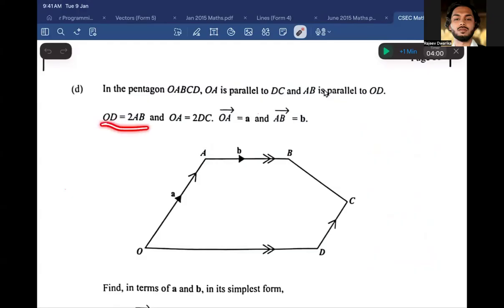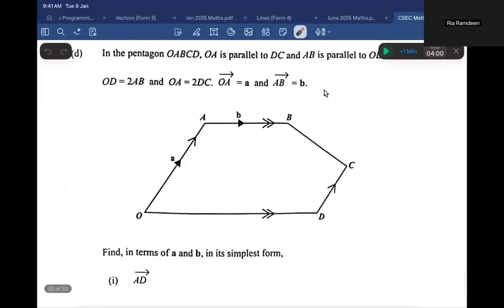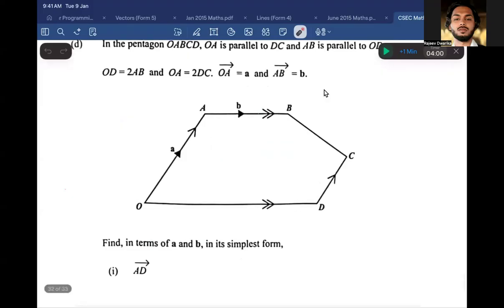All right, Ria, continue reading the second part of the question. OD is equal to 2AB and OA is equal to 2DC. Vector OA is equal to A and vector AB is equal to B. Nice, and they labeled that already: OA is A and AB is B. Ria, let's understand what they're saying here.